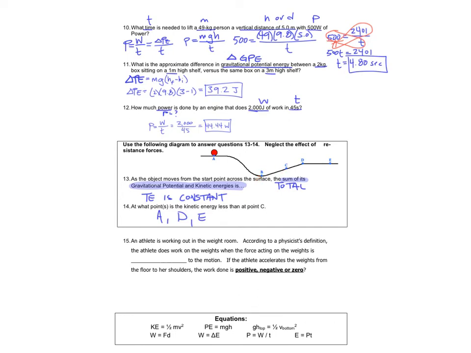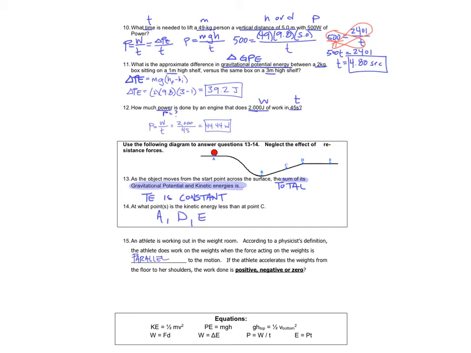Number 15, an athlete is working out in a weight room. According to the physicist's definition, the athlete does work on the weights when the force acting on the weights is what to the motion? The force acting on the weights has to be parallel to the displacement or the motion in order for work to be done.